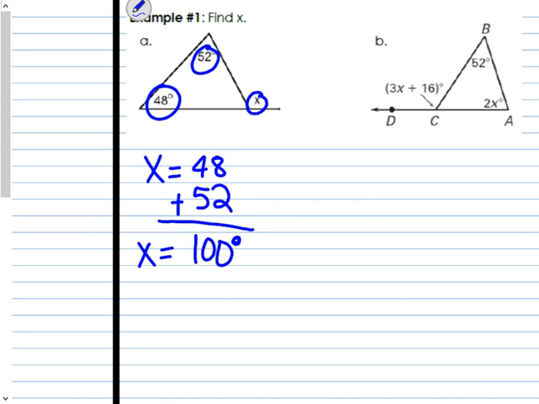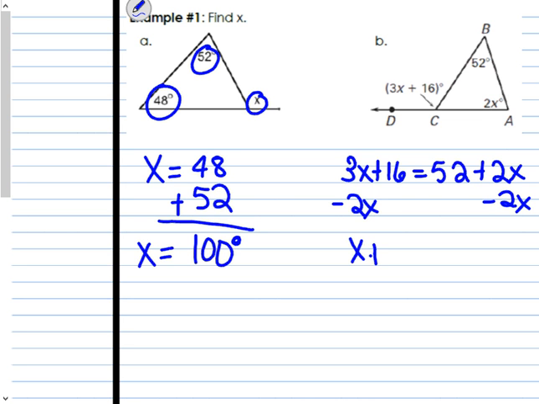Example 1b. Again, this is an exterior angle, and we know that it's going to be equal to the sum of the two remote interior angles. So 52 plus 2x. Now we have an equation with one variable. We're going to combine like terms. We're going to subtract 2x from both sides. So now we have x plus 16 equals 52.